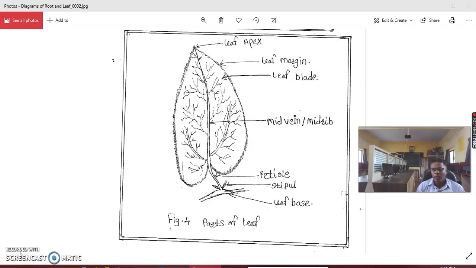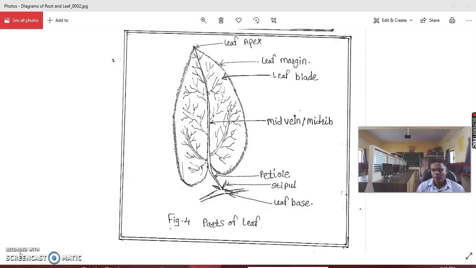The leaf is modified into a slender wiry, coil-like structure, known as a tendril, and it is a climbing organ of the plant. For example, the pea plant.